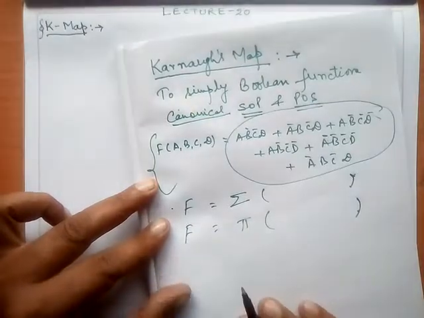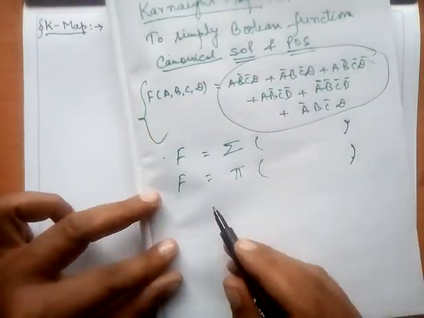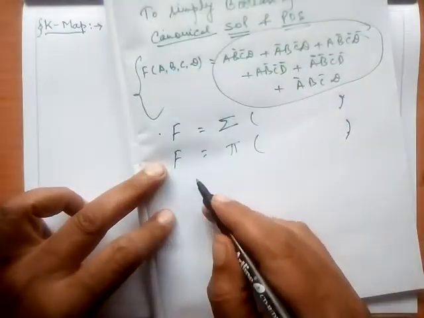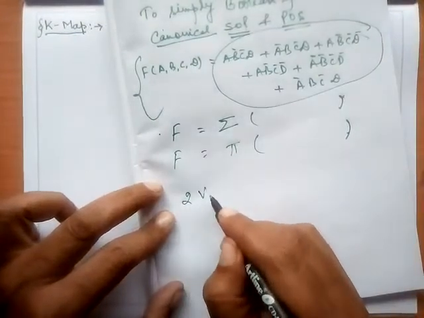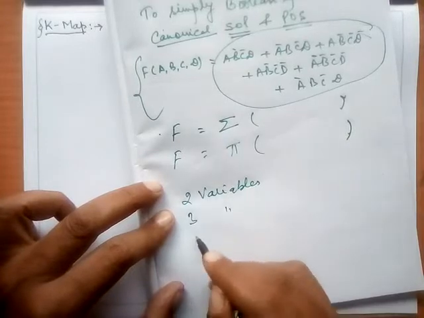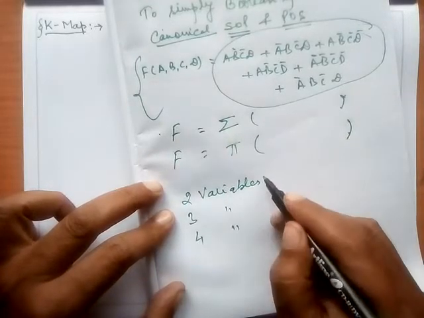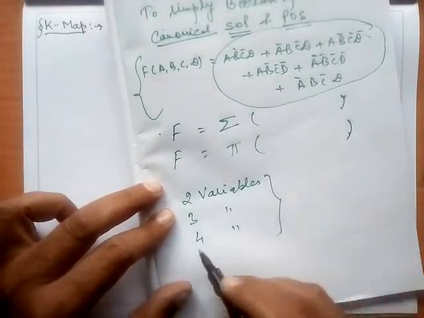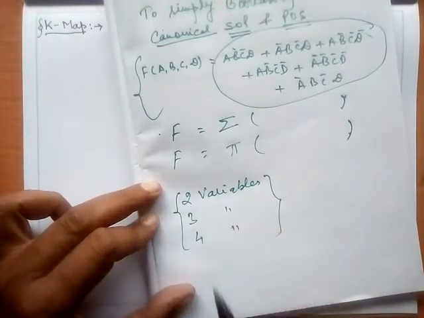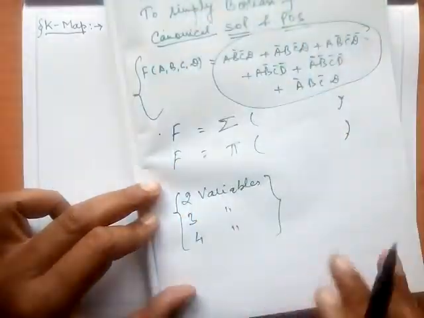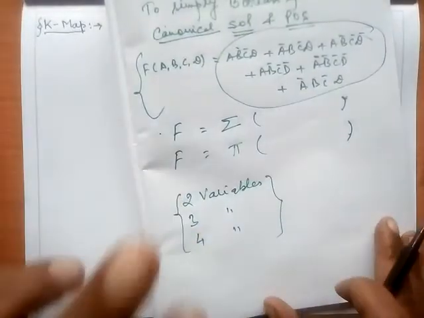Now this K-map can be for n number of variables, but at this point for your syllabus you have the solution of Boolean functions by K-map for 2 variables, 3 variables, and 4 variables. Beyond this, although it can be done for 5 and 6 variables also, it has a limitation, but we'll go for 2, 3 and 4 variable Boolean functions.